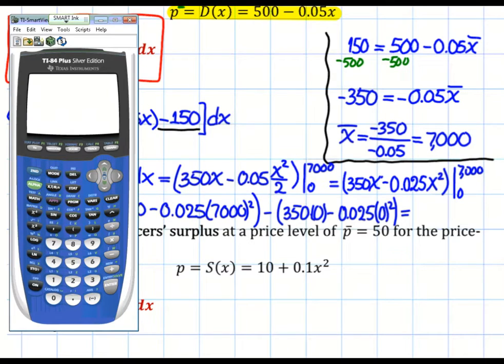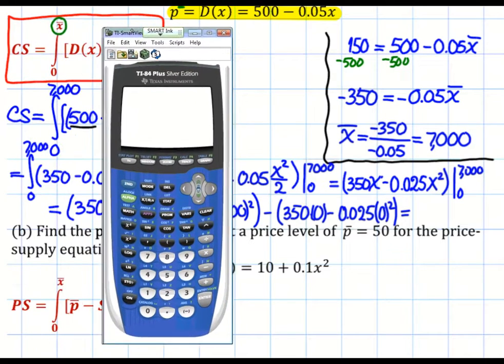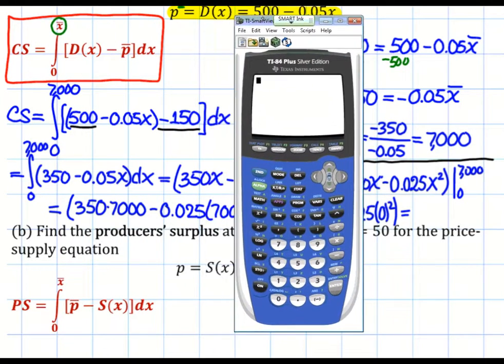So pretty much we will have 350 times 7,000 minus 0.025 times 7,000 squared, and that gives us that much.